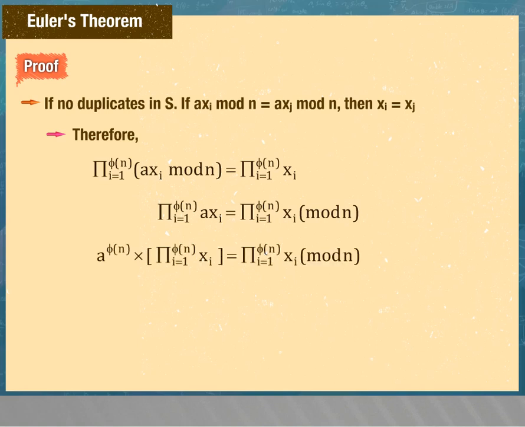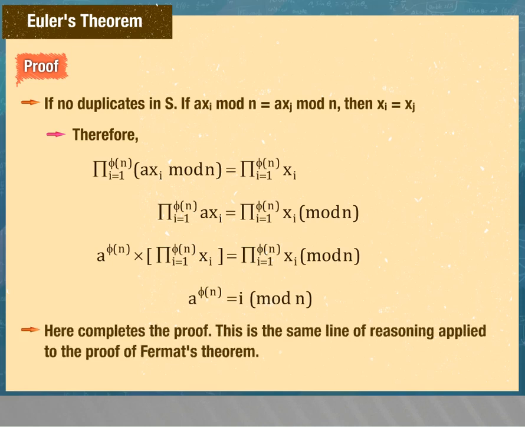A power phi of n into the product over i equal to 1 to phi of n of xi is equal to the product over i equal to 1 to phi of n of xi mod n. So a power phi of n is equal to 1 mod n. Here completes the proof. This is the same line of reasoning applied to the proof of Fermat's theorem.